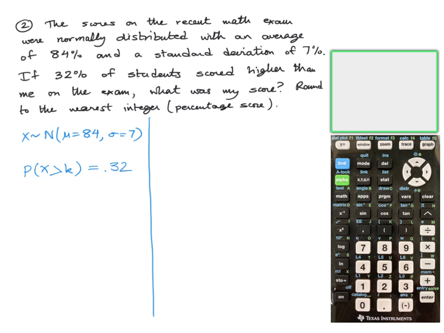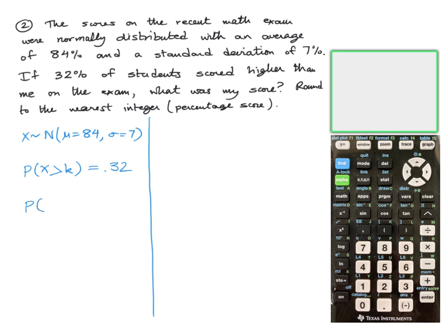It cannot handle a greater than statement. It can only handle accumulating until a particular spot, just like binomial CDF had to start at 0 going up to a certain value. Inverse normal has to start at negative infinity and come up to a particular value. So I need to change the way that statement is written.